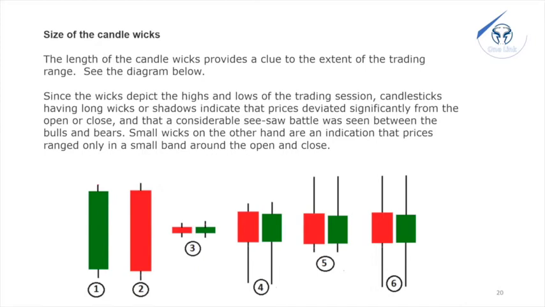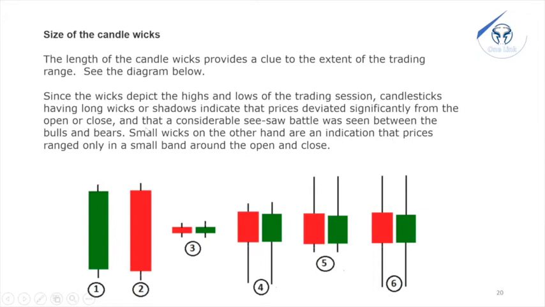Since the wick depicts the high and the low of the trading session, a candlestick having a long wick or shadow indicates the price deviated significantly from the open and close price. When you have a long wick, the price deviated so much from the open and created a long tail.